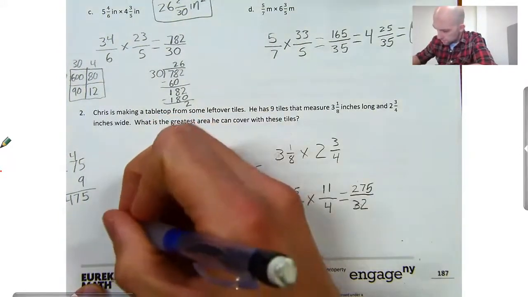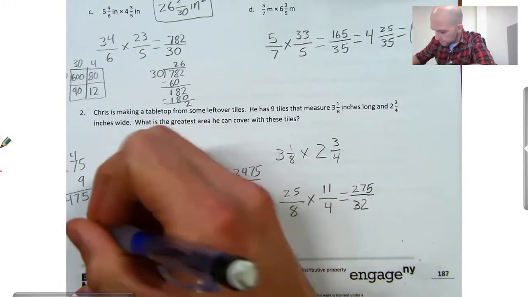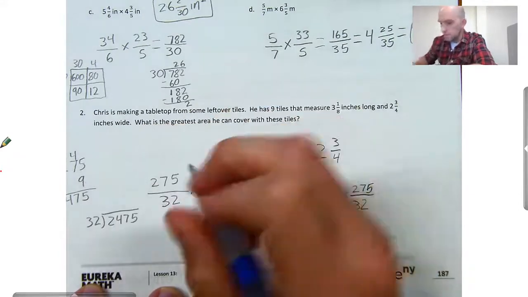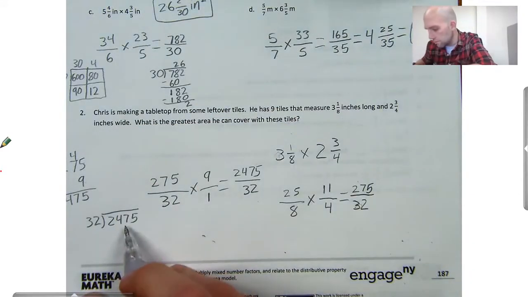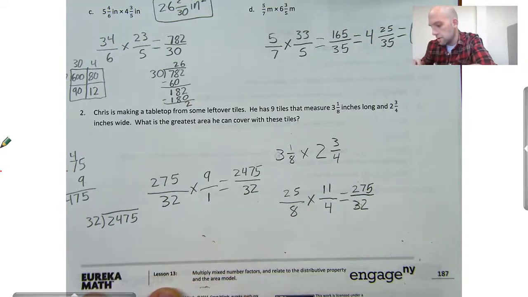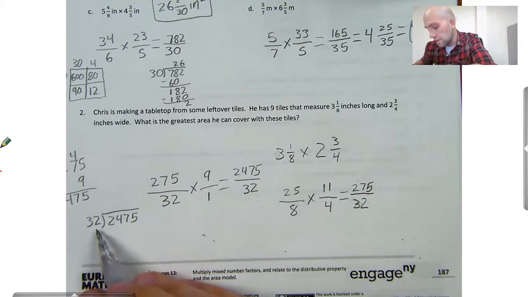So 2475 divided by 32. 32 won't go into 2 or 24, so I have to go all the way over here to 247. 32 times, well, times 10 would be 320, so that would be too much.